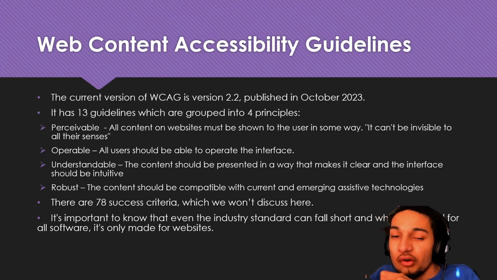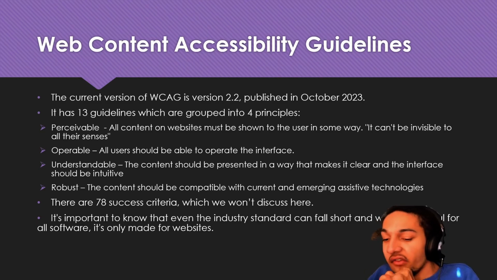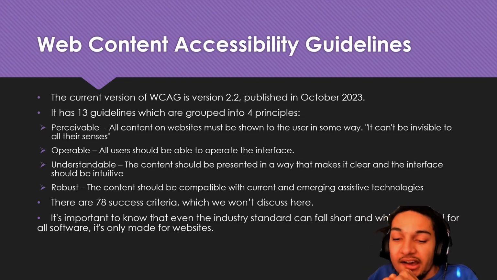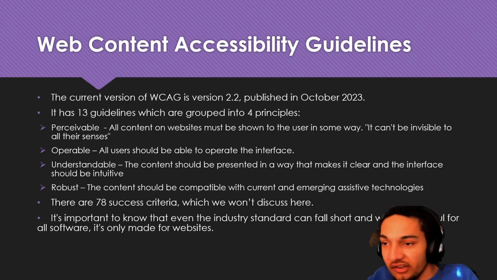Your website needs to be clear. And again, all of these are really important for non-disabled people too. If an able-bodied person doesn't understand how to use your website, they will just leave. They won't waste their time trying to figure it out. You need to make it as understandable, easy, and intuitive to use as possible.